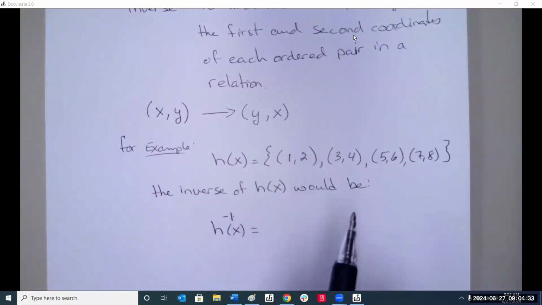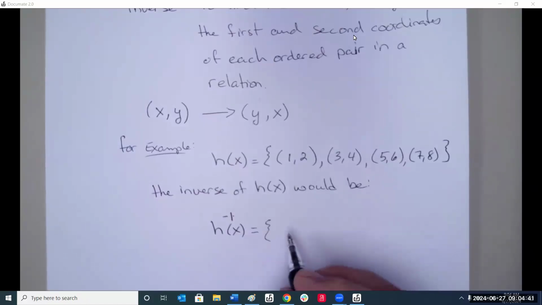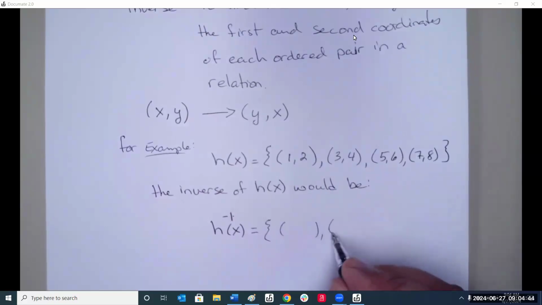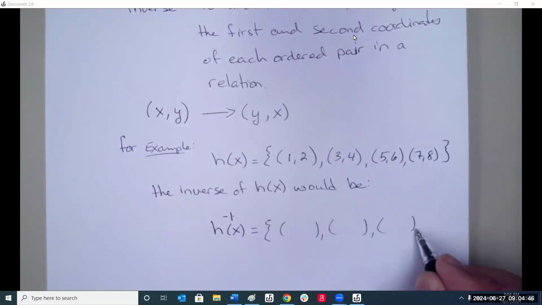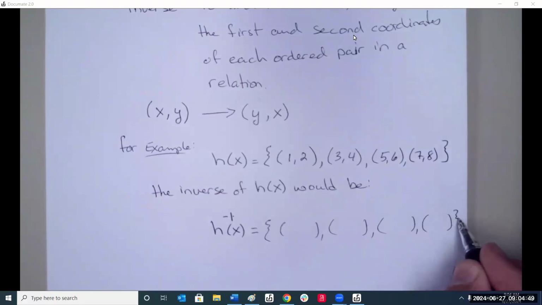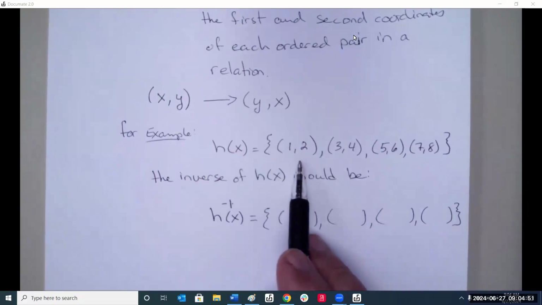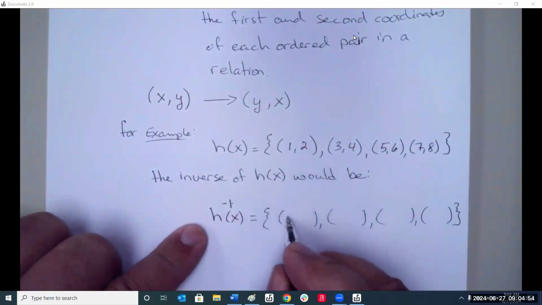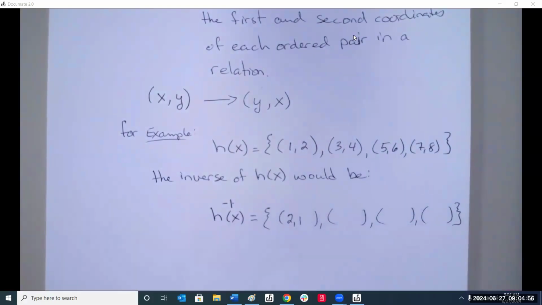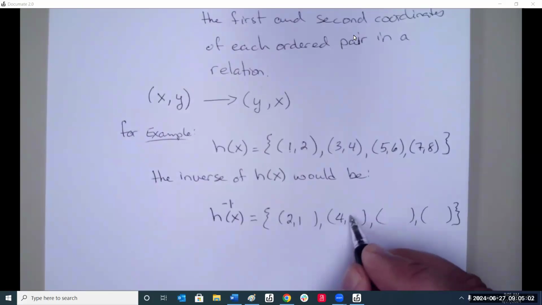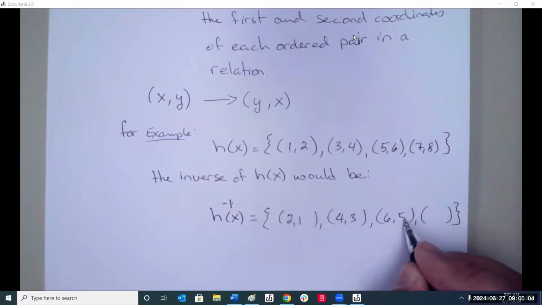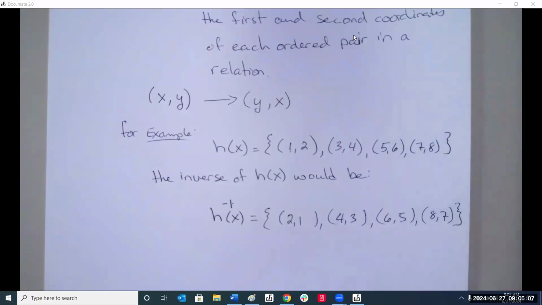When you see that, you know that function is an inverse. So if I give you these ordered pairs, the inverse is just switching the x and y's. If it was (1, 2) in the first one, the inverse would be (2, 1). Next would be (4, 3), then (6, 5), then (8, 7). So all you do is switch the x and the y.